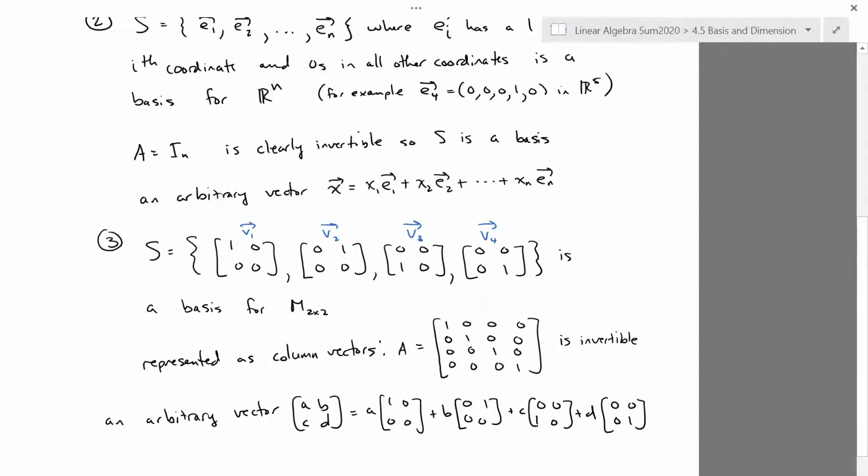And so you will see that in all of these standard vector spaces, the standard basis follows this general form where the basis vectors look like this, and when you set it up as a column vector, it looks exactly like the identity matrix.